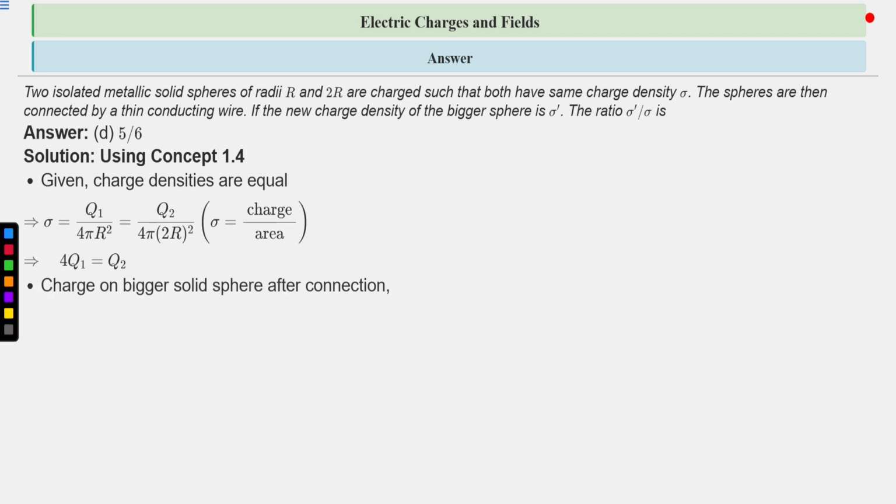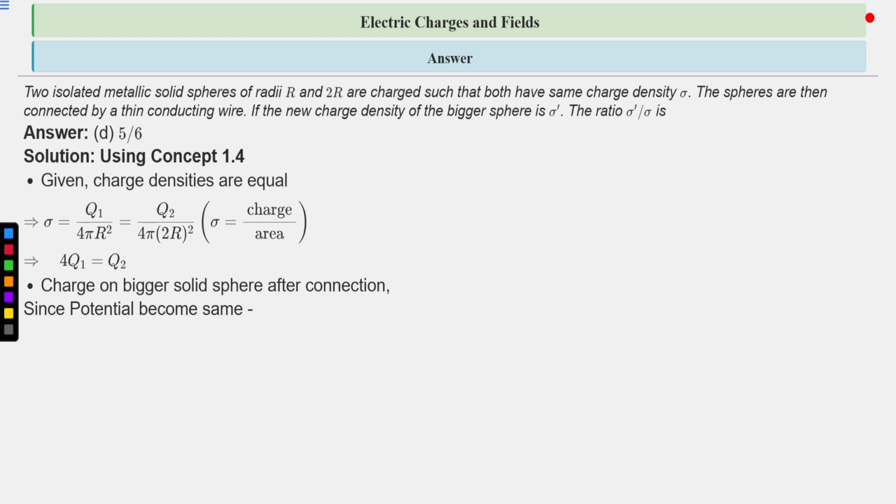Now, charge on the bigger solid sphere after connection. We all know that when we connect two charged metallic solid spheres with a thin conducting wire, the potential on the surfaces of both the spheres becomes equal. So what is the charge after the connection on the bigger solid sphere? We will find.